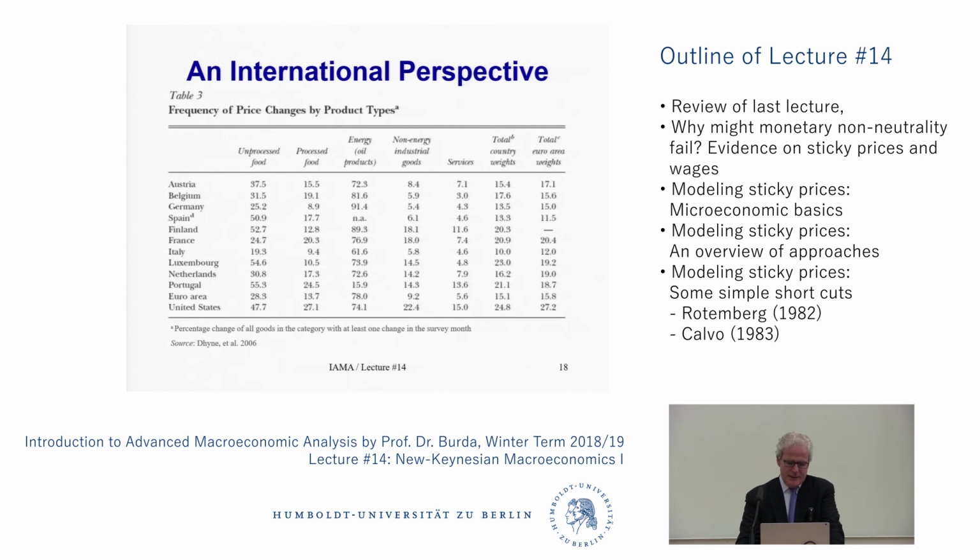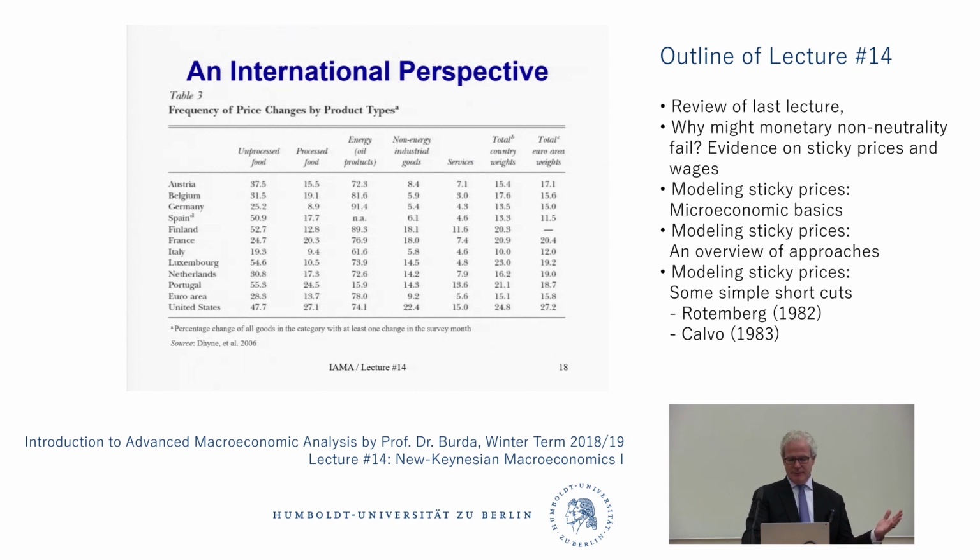Their prices are changed a little bit less frequently, and then processed food is even less frequently. And least frequently are services. Okay, so it's not just going to get your haircut, but also going to a restaurant and similar types of prices that you would get in a service mode.